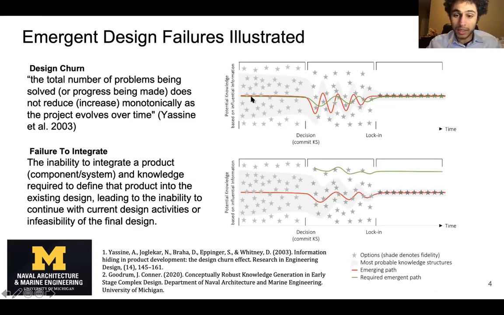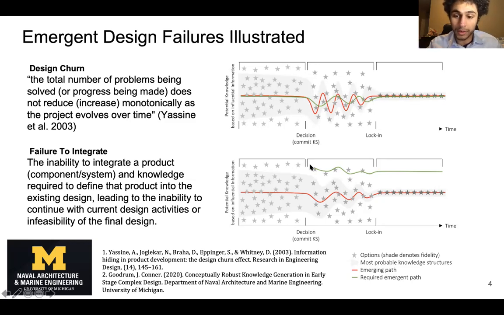Basically, when you're going through the solution, you do end up on the right path, but it takes a lot more time and a lot more effort. Because I solve one problem and it causes another problem, and I'm not decreasing the amount of problems as I go on, which is definitely not how you want to design. That is called design churn.